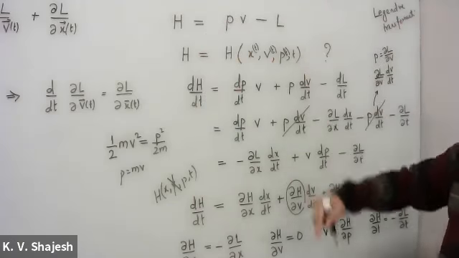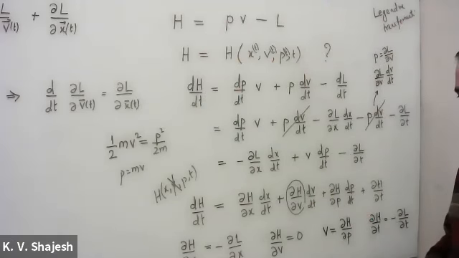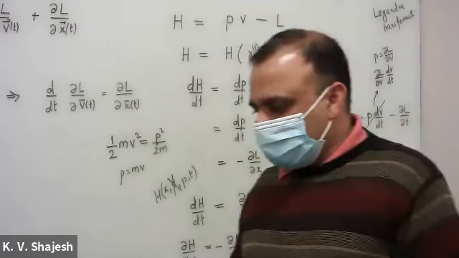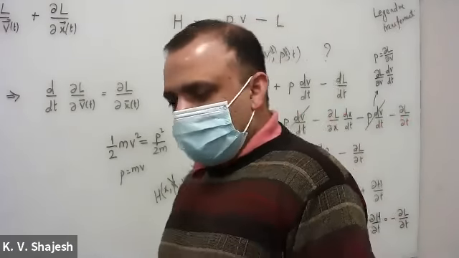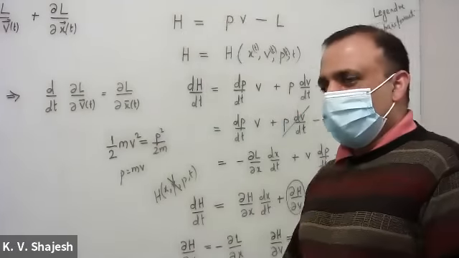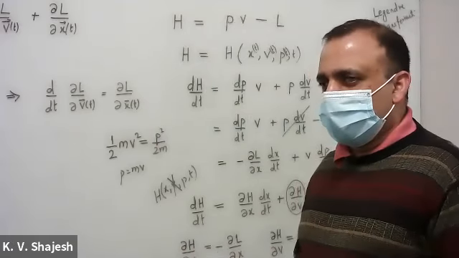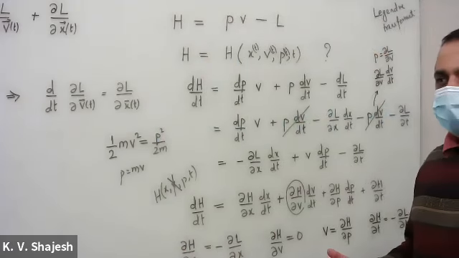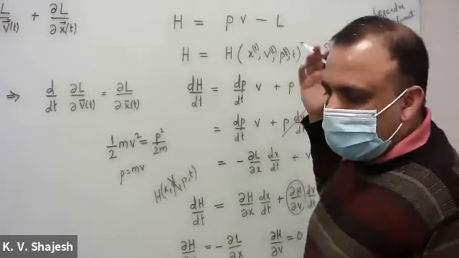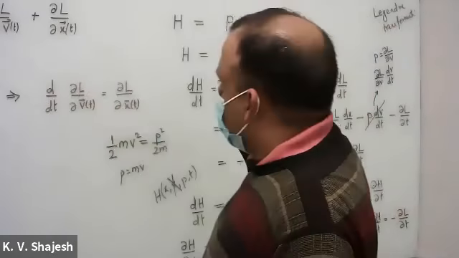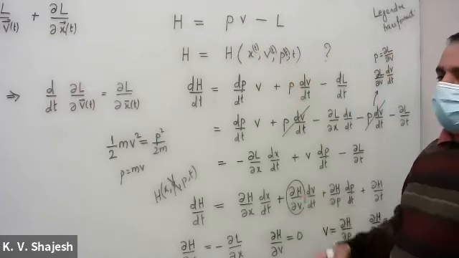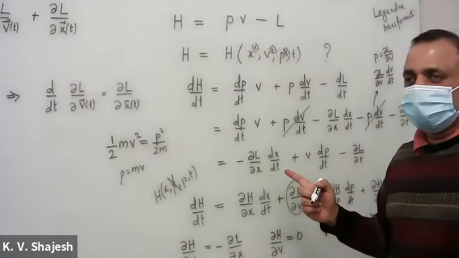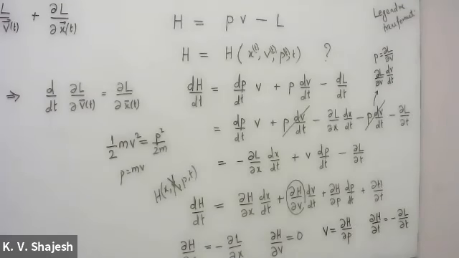Sometimes you want to write it in terms of volume and temperature, sometimes in terms of pressure and temperature. Which quantity do you want to work with? That's the idea. Here, if you want to work with position and velocity, the Lagrangian is the right quantity. If you want to work with position and momentum, then the Hamiltonian is the right quantity. So that's by construction.